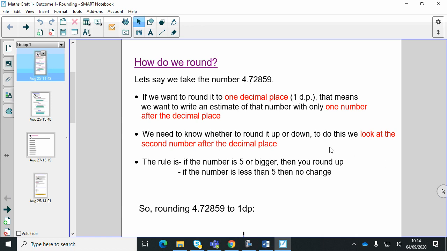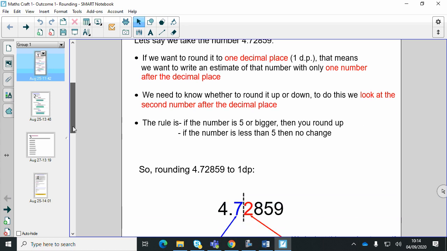Now the rule is here. If the second number is 5 or bigger, then you round up. And if that number is less than 5, then no change. So let's round this number to one decimal place.